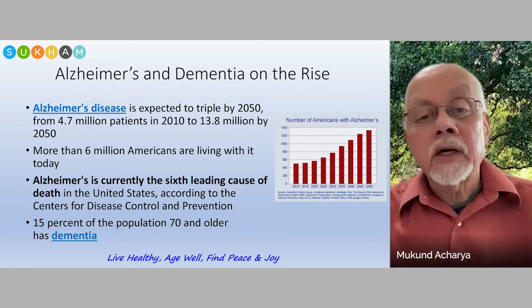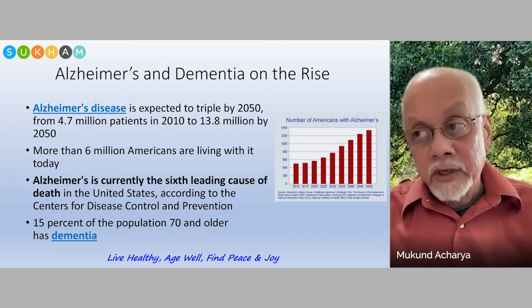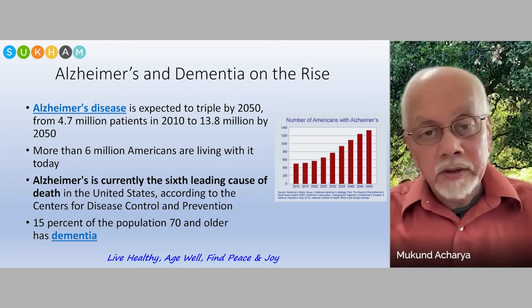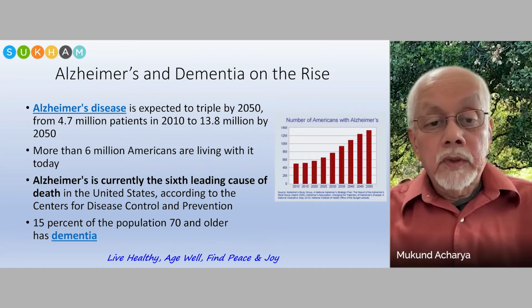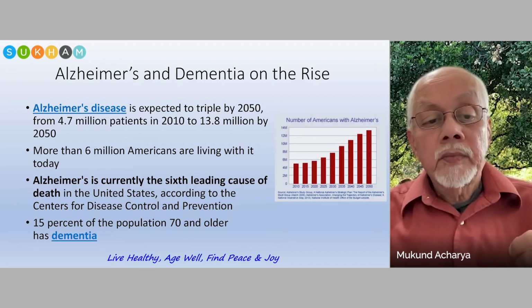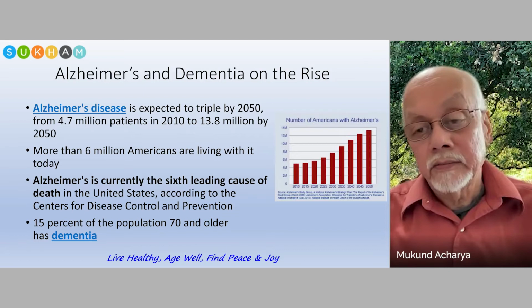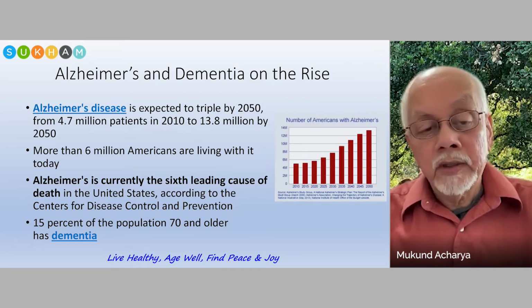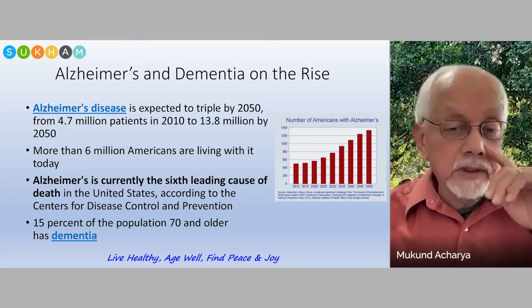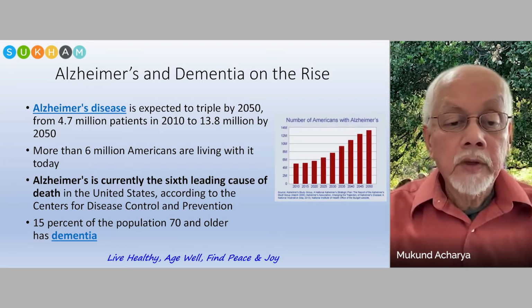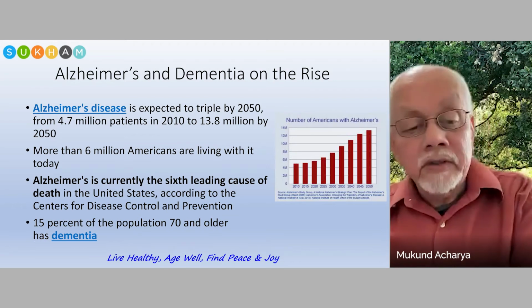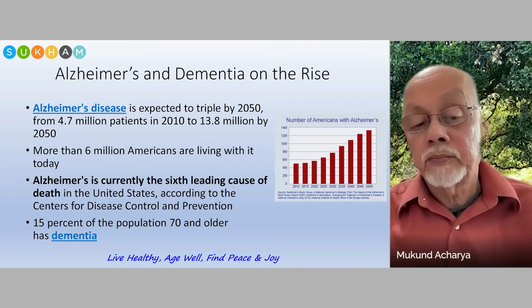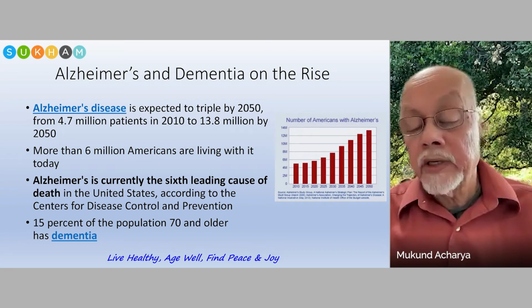And this is not counting other illnesses, chronic illnesses like heart disease, and so on and so forth. According to the CDC, Alzheimer's is the sixth leading cause of death in the US. And I'll talk more about the impact through the pandemic in a little bit. Okay. And so when you look at the population that's older than 70 in this country, about 15%, a pretty large number when you think about it, has dementia.